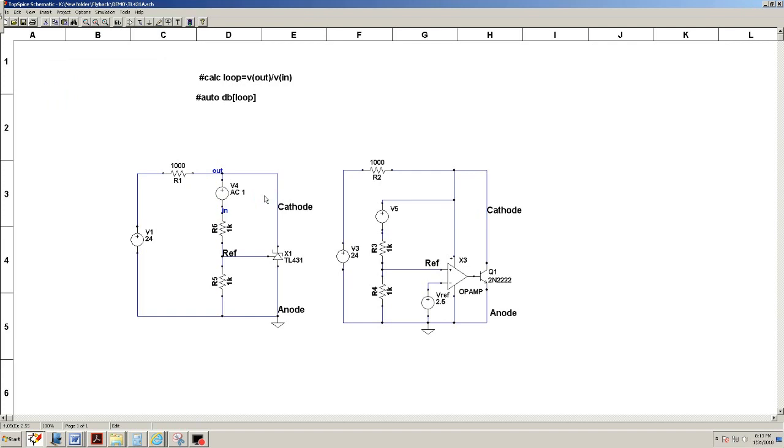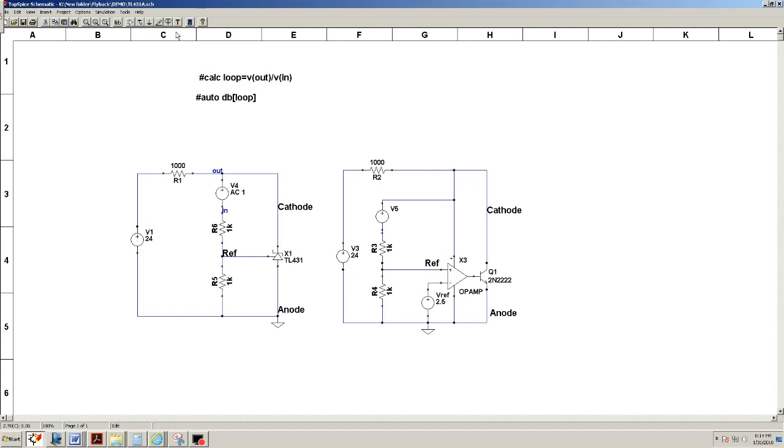Okay, so what I'm doing is, this is the loop, and this generates a little small signal. That signal comes in, and then it comes out, and it re-enters, and I'm comparing the amplitude of this divided by that. That would be the gain.